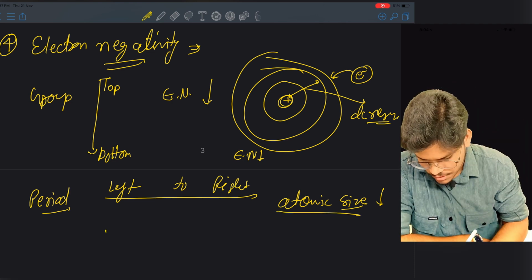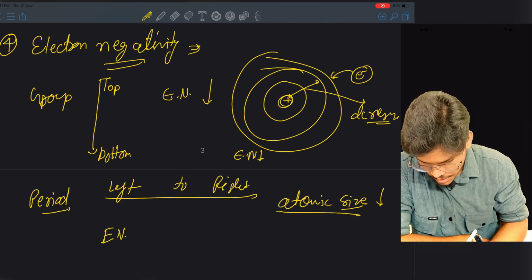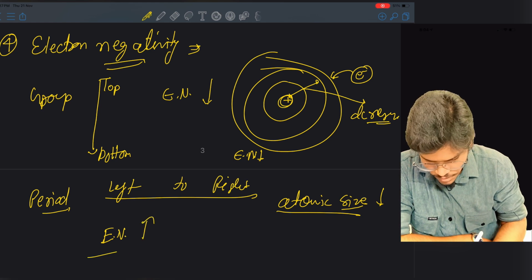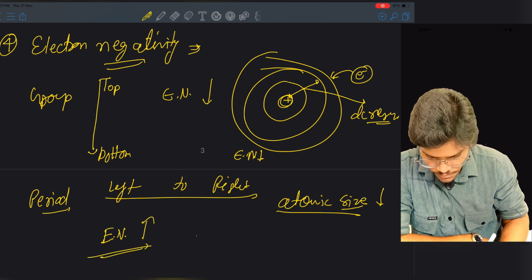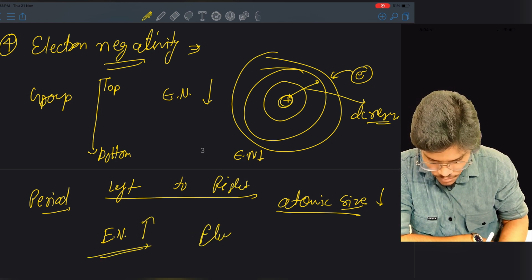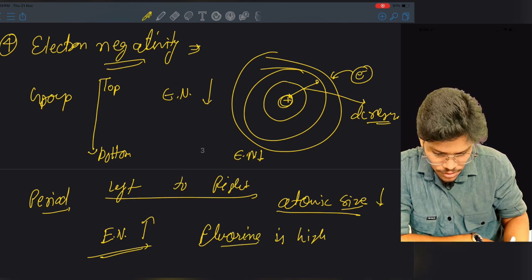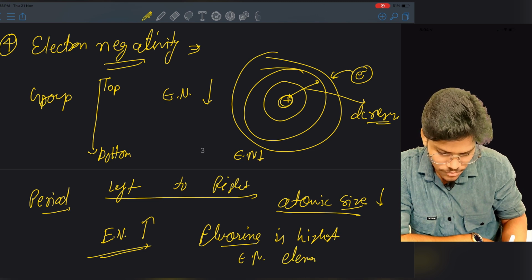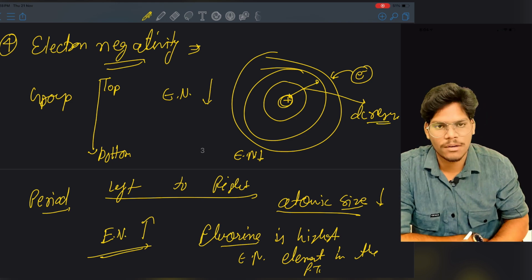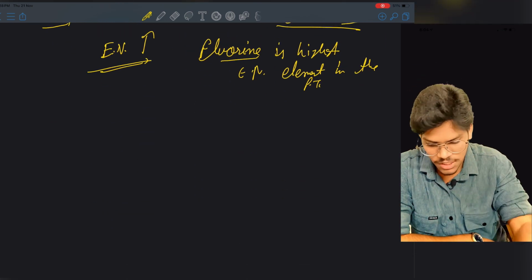So that's why in a period electronegativity increases. And we also know that fluorine is the most electronegative element in the periodic table. Okay, so that's the extra information.